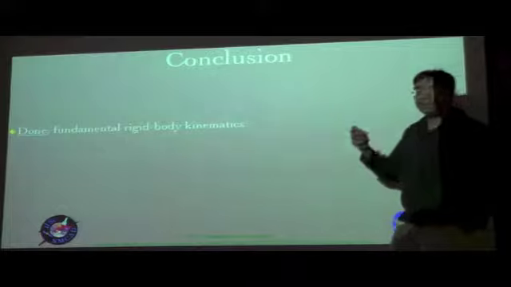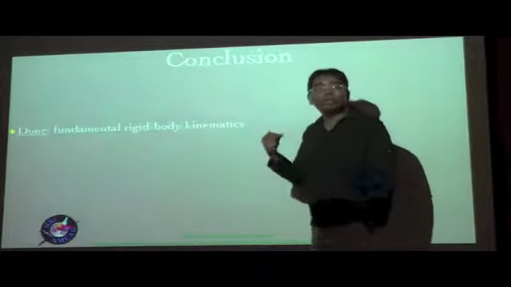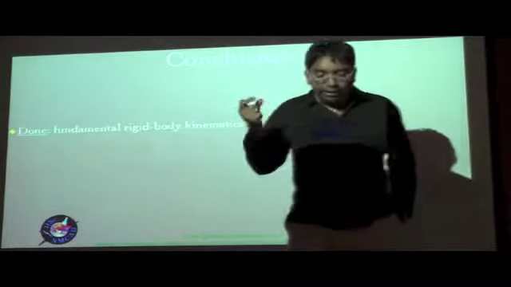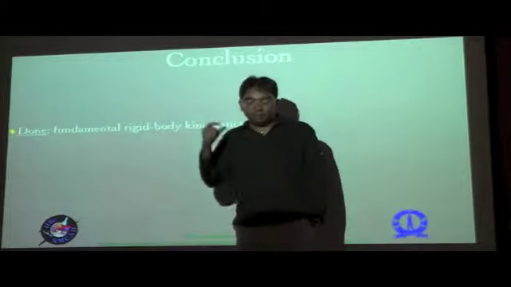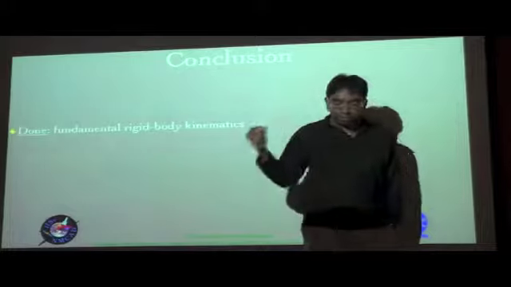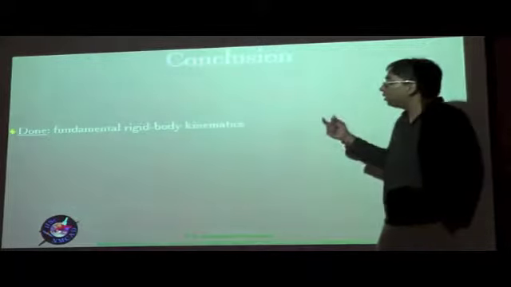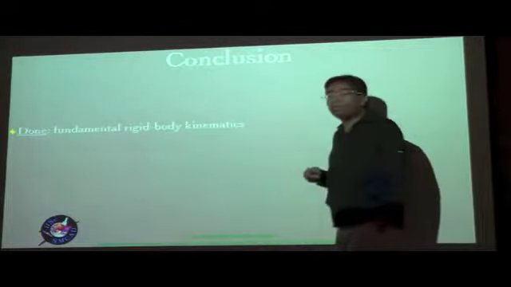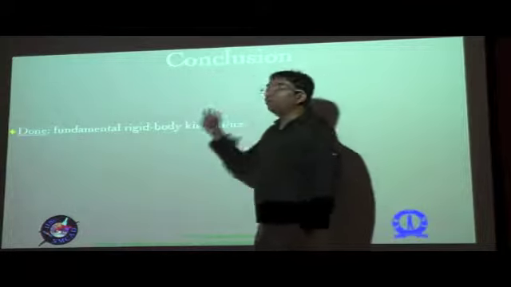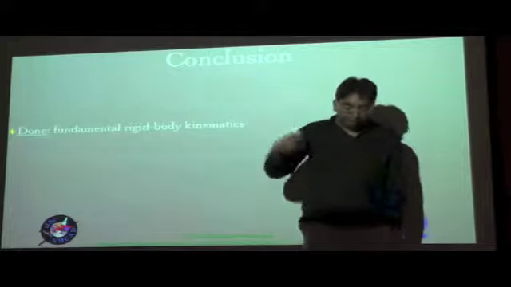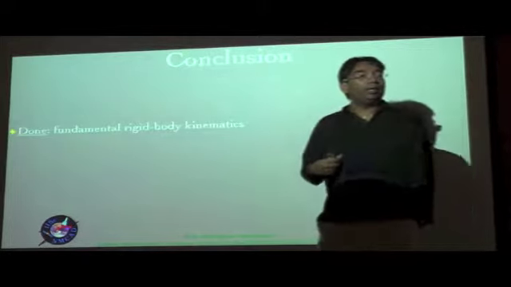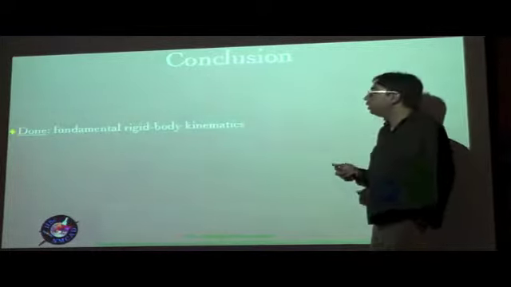Those of you who are interested can go into some of Kane's books. Kane, K-A-N-E, is one of the professors from Stanford University. He has written a lot of nice, interesting books based on rigid body dynamics, especially applied to spacecraft, etc. So in many of those books you will find derivations for many of the equations that we listed out as results over here.